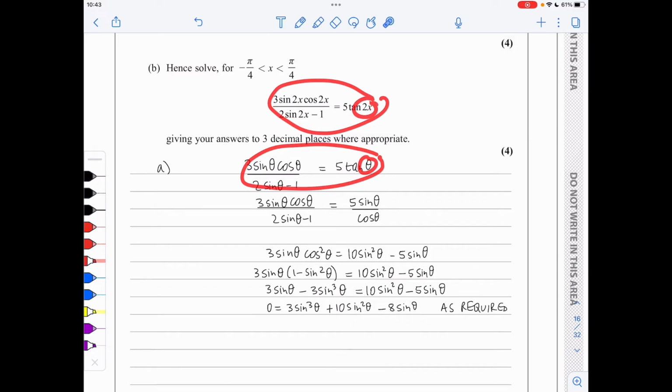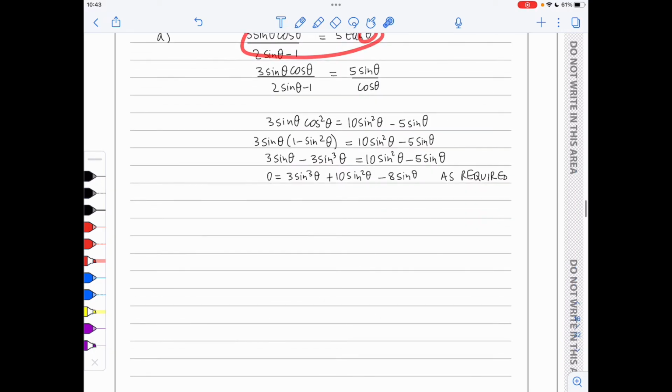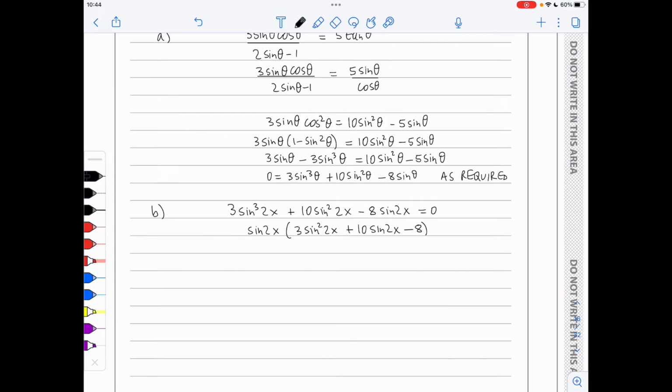And therefore the first thing to do is write this down as 3 sine cubed 2x plus 10 sine squared 2x minus 8 sine 2x is 0. I will factor out the sine 2x: sine 2x, brackets 3 sine squared 2x plus 10 sine 2x minus 8.